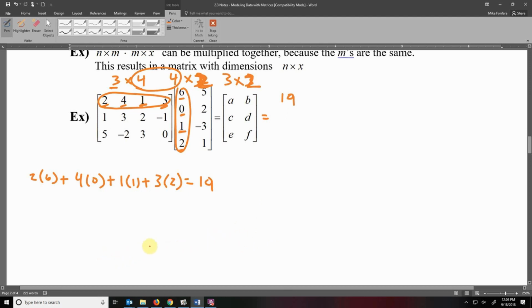Okay? Then I'm going to multiply that same first row by the second column. So I've got 2 times 5. Then I go over and down, 4 times 2.